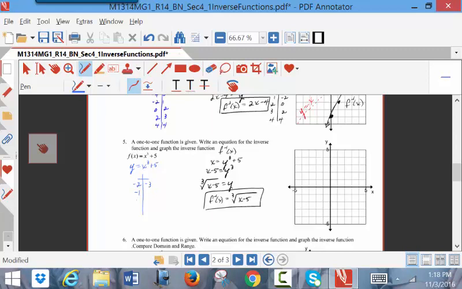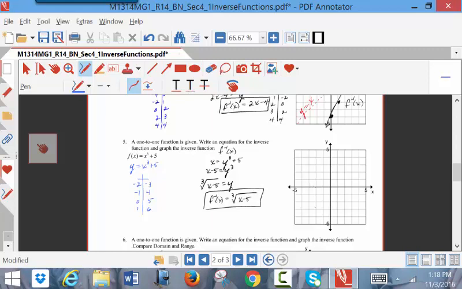Suppose I pick negative 1. Negative 1 cubed is negative 1 plus 5 is 4. If I do 0, it'd be 5. If I do 1, it'd be 6. If I did 2, it would be off my table for sure, off the graph. So let's plot these points.